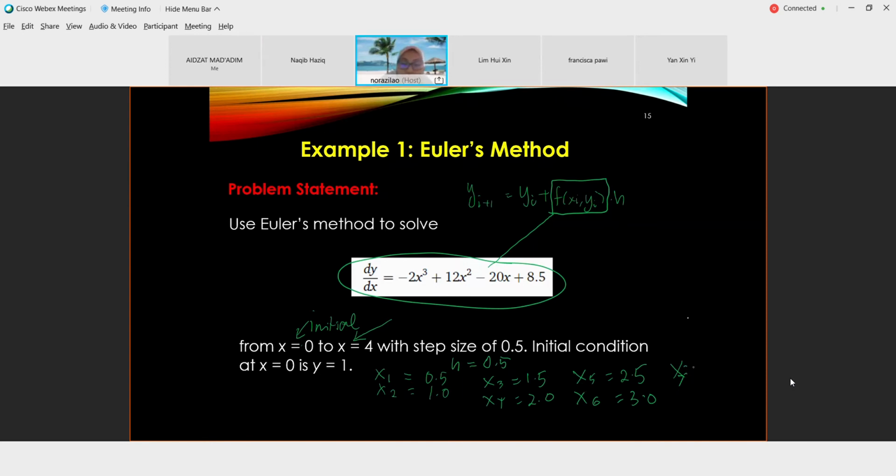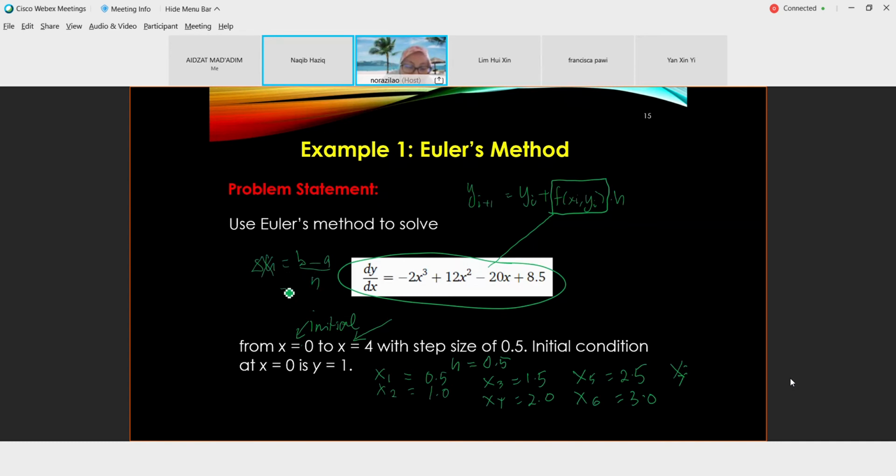Kan awak ingat tak ada satu topik tu kan delta x, b minus a over h. Okay, ni delta x.